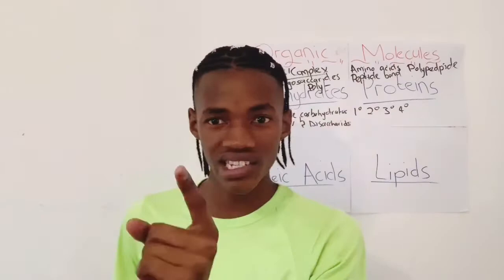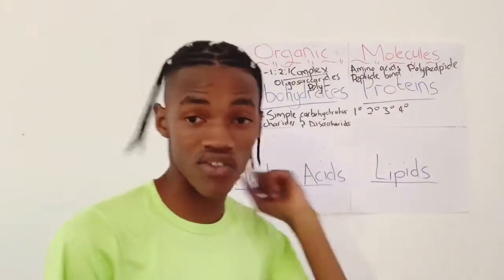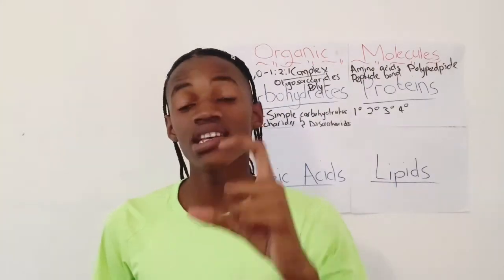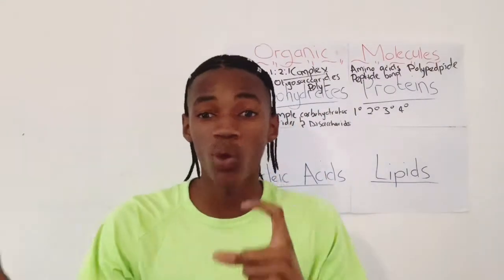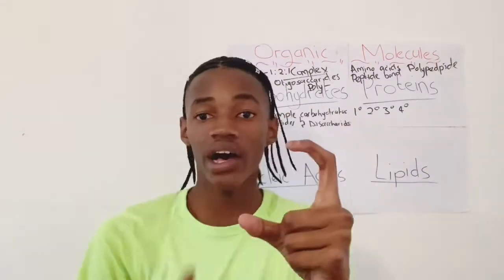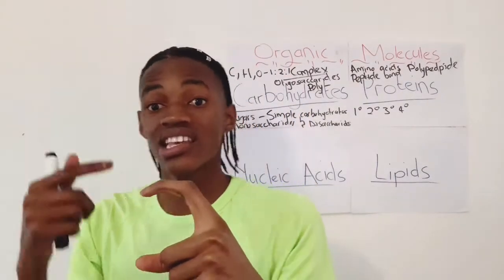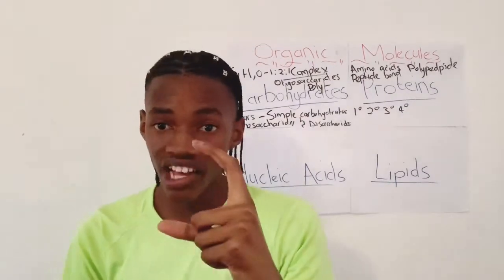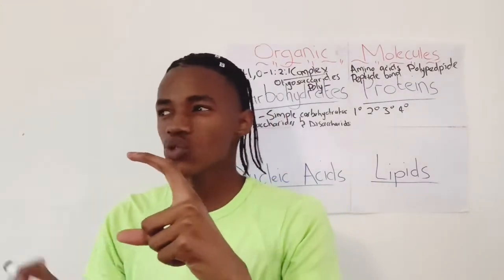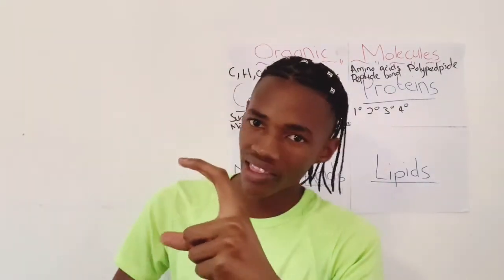And one thing I didn't mention, in the structure of a protein, usually it is a carbon that is bonded to four other atoms. One of the atoms is a hydrogen. The other atoms are bonded to other groups of atoms.